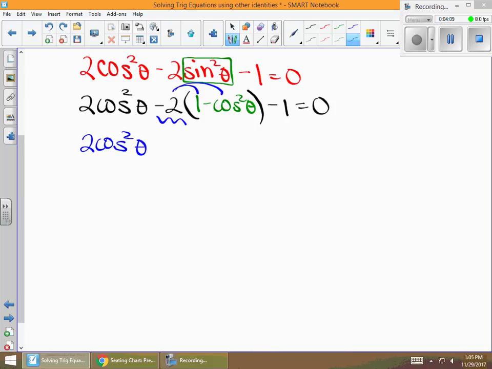So -2 times 1 is -2. -2 times negative cosine squared is positive 2 cosine squared. Minus 1 equals 0. Combine your like terms.